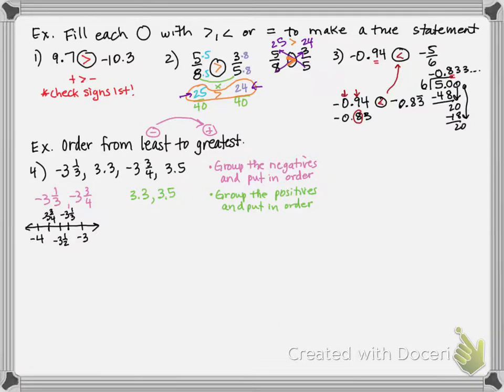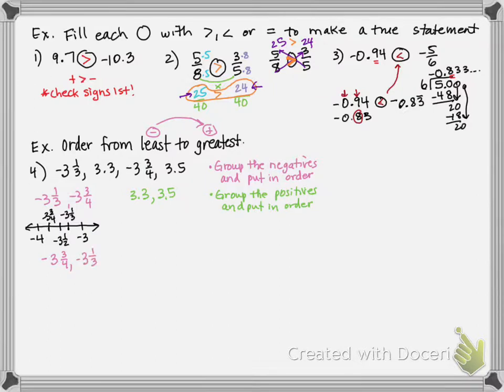So what that tells me is that I can get these in order right now. -3 3/4 is going to be the least because it's farthest left. Then comes the -3 1/3.